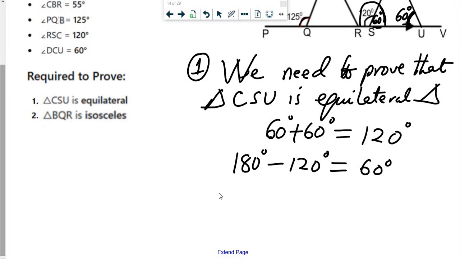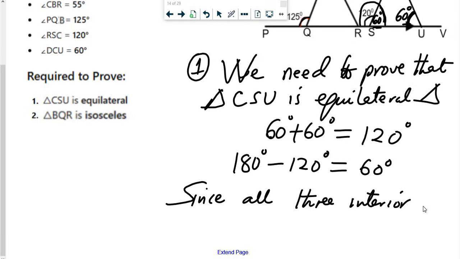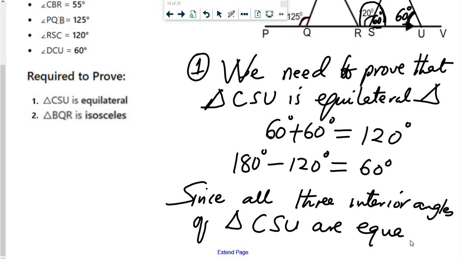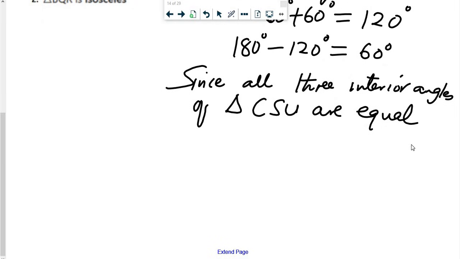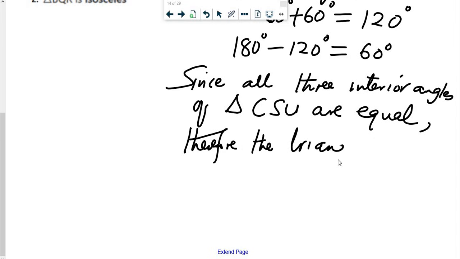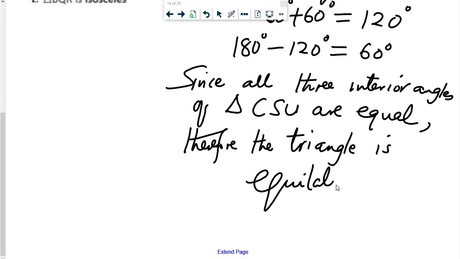Now we say that since all 3 interior angles of triangle CSU are equal, therefore the triangle is equilateral, and hence proved.